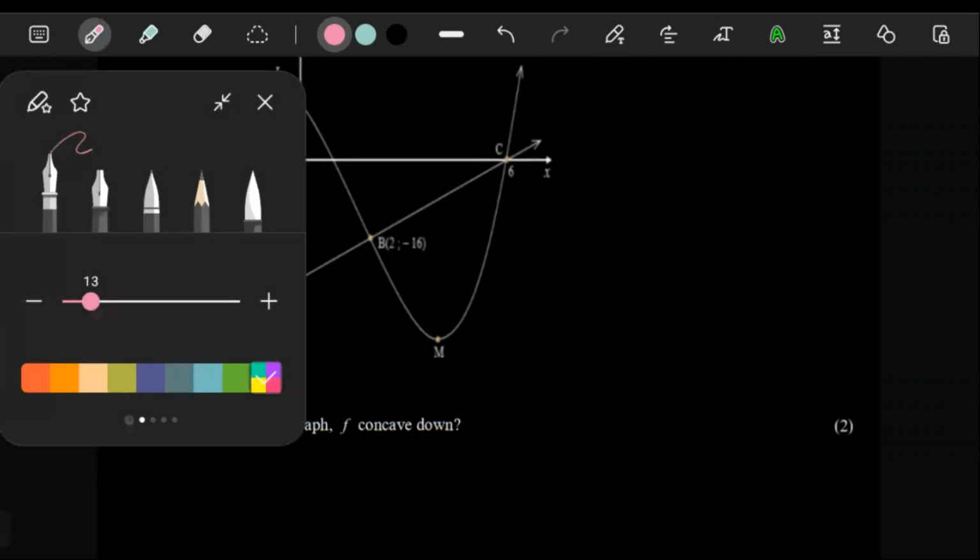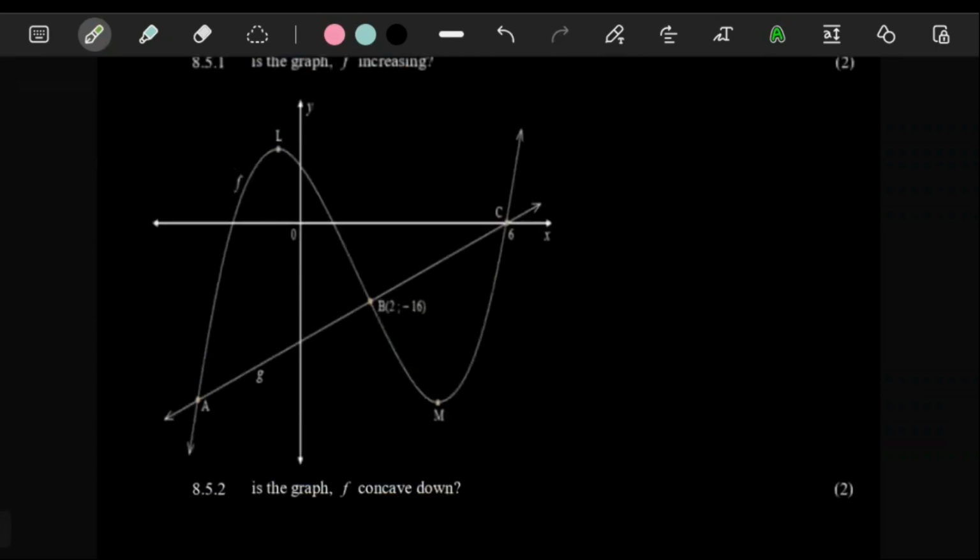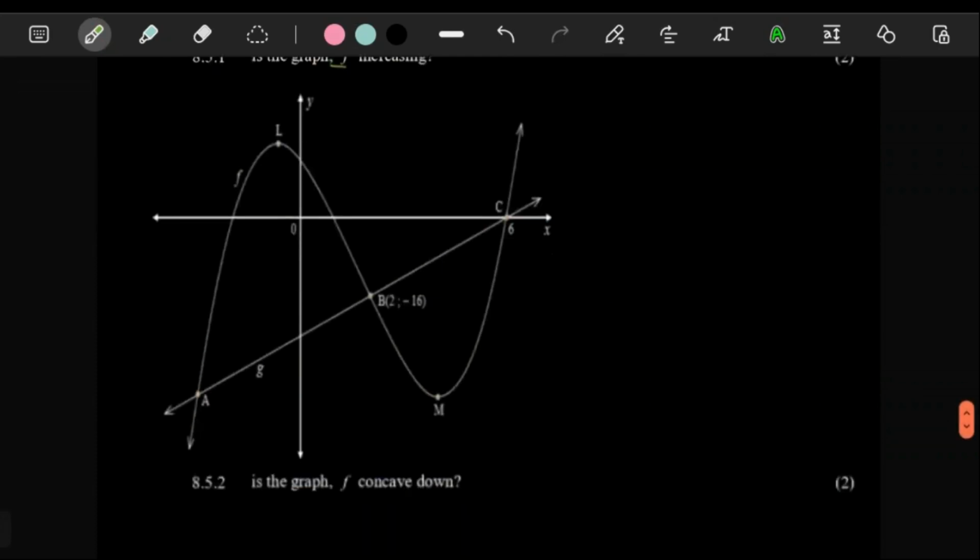Looking from left to right, it's like walking along the line. On the graph of f, you walk upwards all the way until the turning point, then downwards, downwards, downwards, then upwards again.